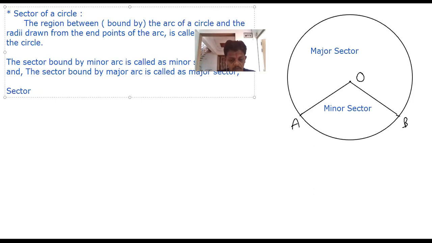Sector AB is the minor sector. Sector ACB is the major sector. Wait, not AB, sector AOB.